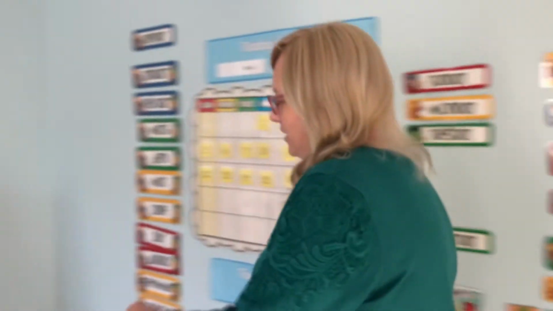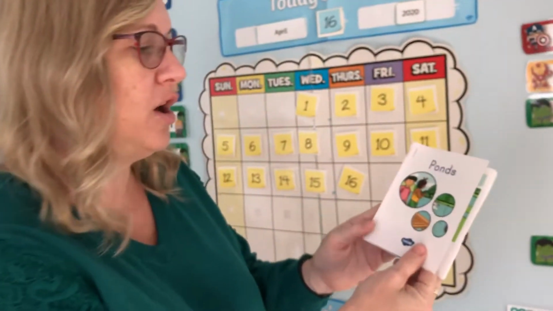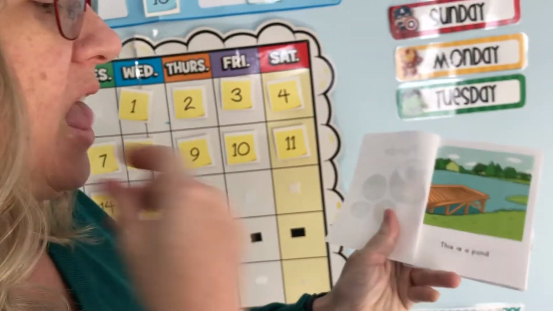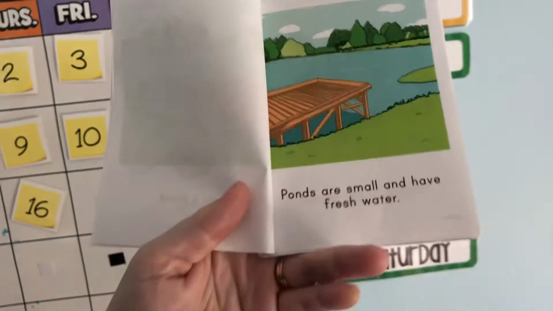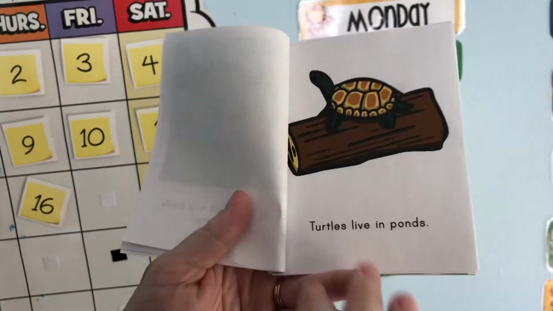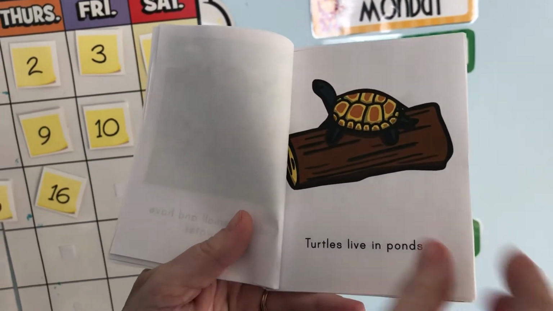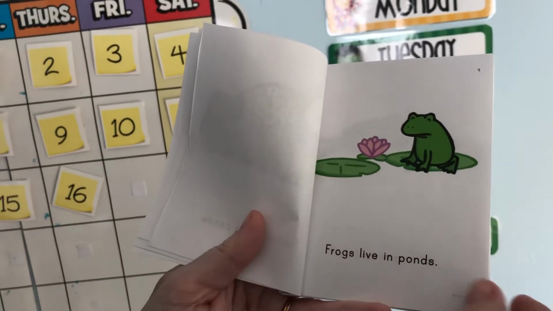Today, let's do the story first. Here's another story that you can make yourself on twinkle.com. It's called Ponds. This is a pond. Ponds are small and have fresh water. Turtles live in ponds. Frogs live in ponds.